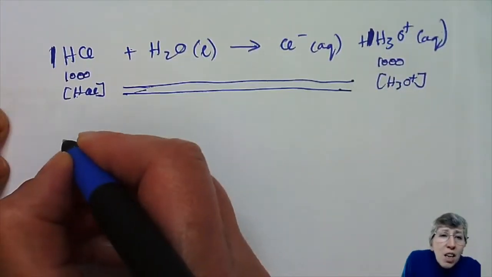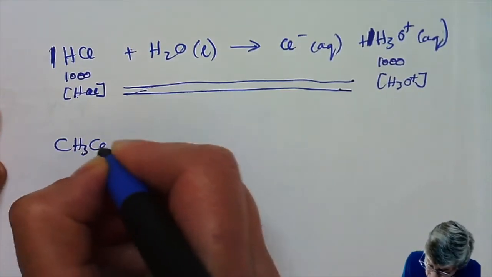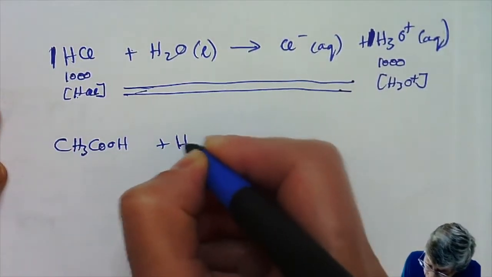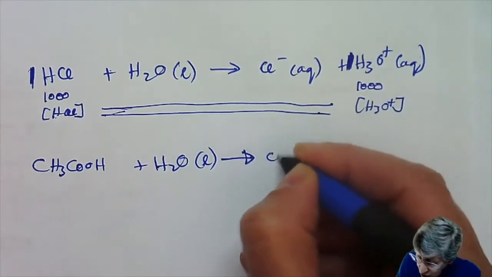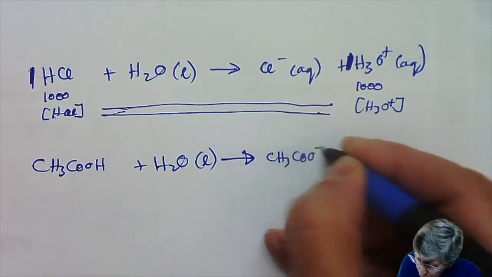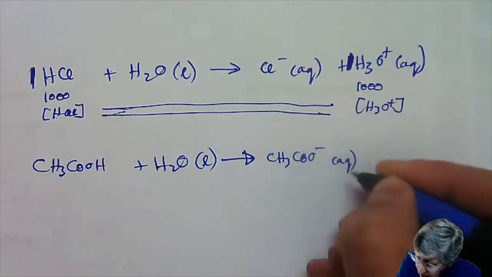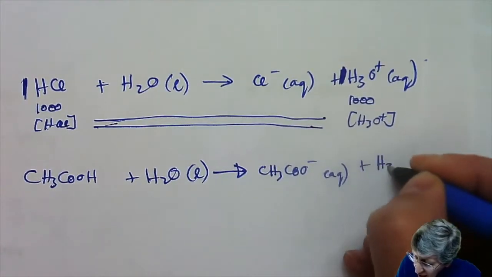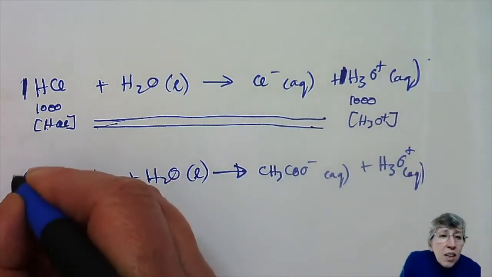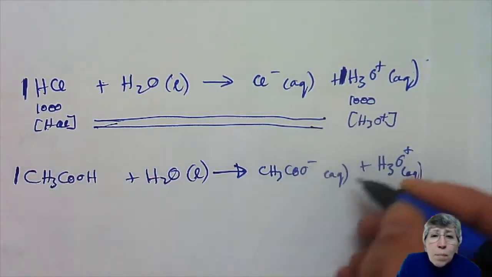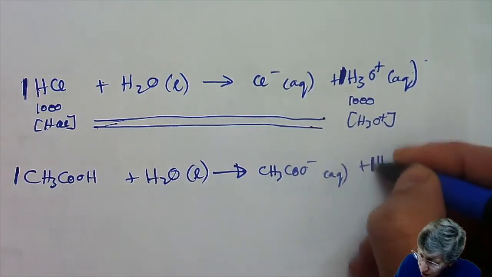But if I look at something like CH3COOH, if that reacts with water, you will also have ionization. CH3COO-, you get an acetate ion there and the hydronium ion. Right, and once again, one of this will make one of that.